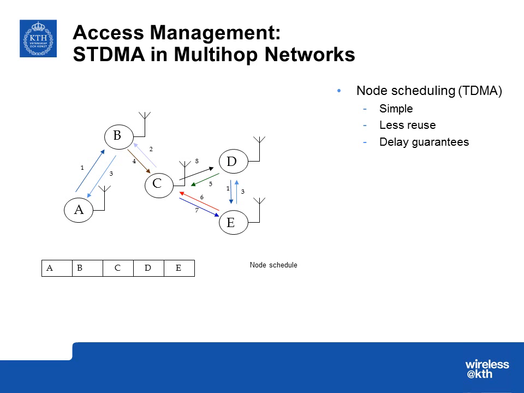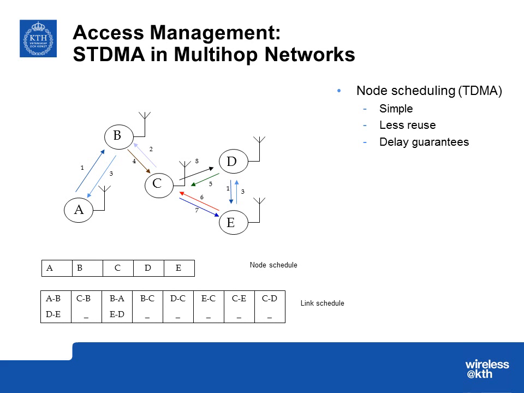But we can be a little bit smarter here, and instead of enabling the nodes, we can actually enable the various links. So we note, for instance, that in our interference model here, a transmission can occur between A and B, and because D and E are so far away from A and B, they can transmit at the same time.